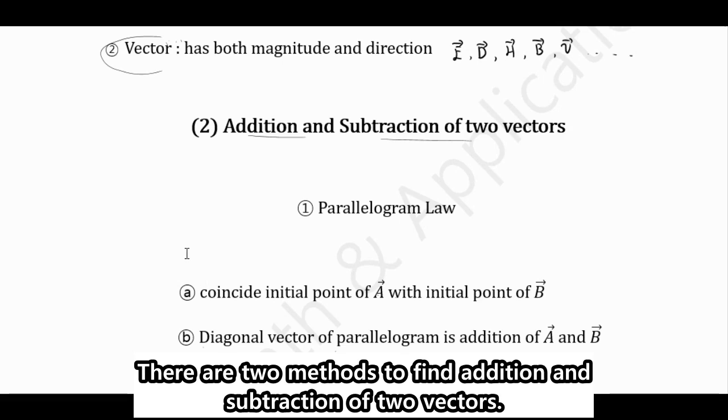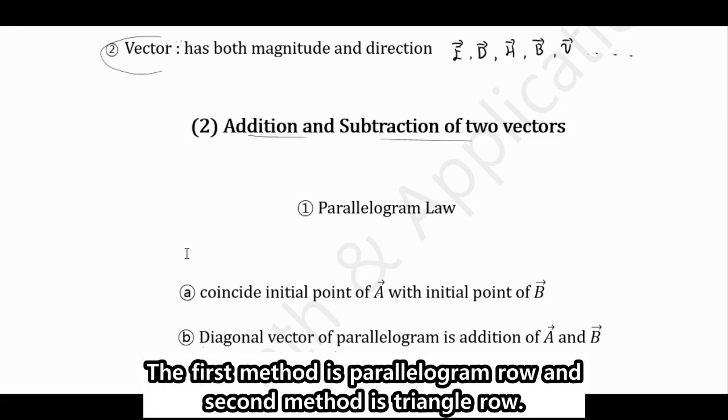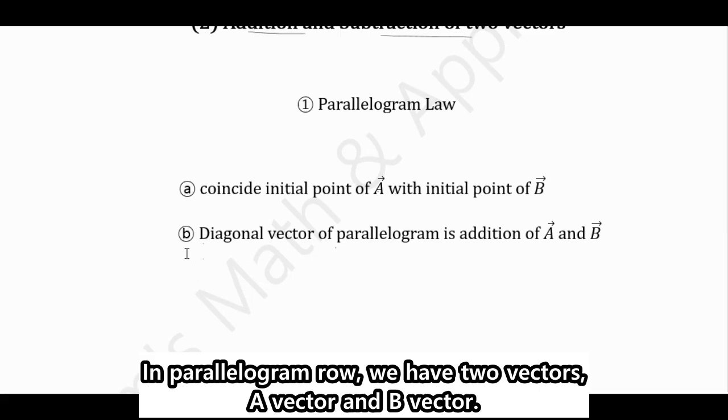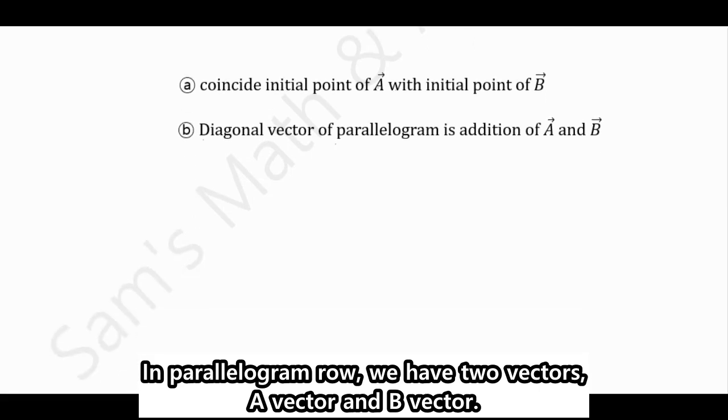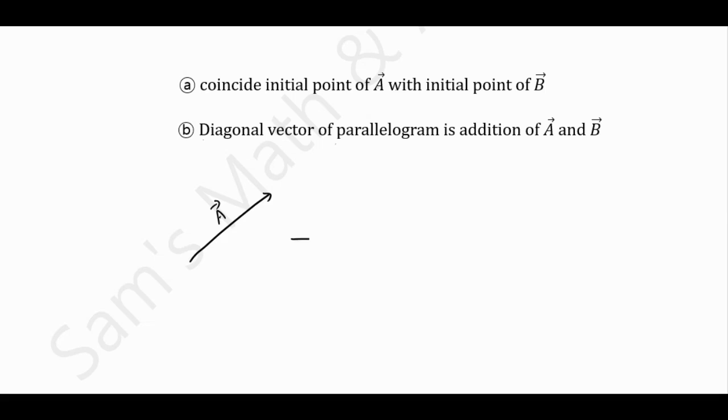There are two methods to find addition and subtraction of two vectors. The first method is parallelogram law, and the second method is triangle law. In parallelogram law, we have two vectors, A vector and B vector.